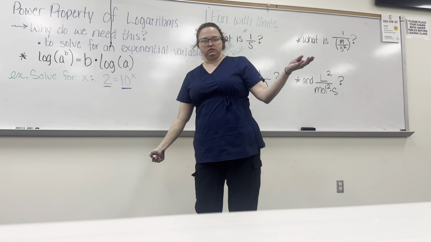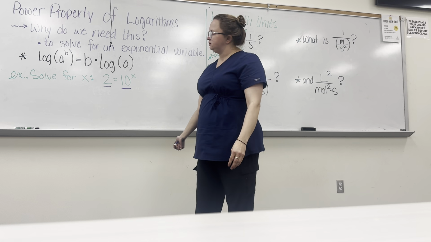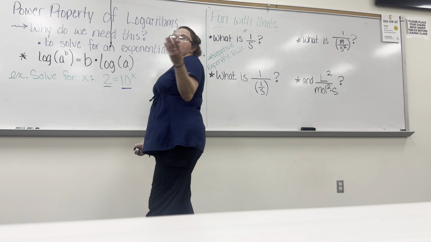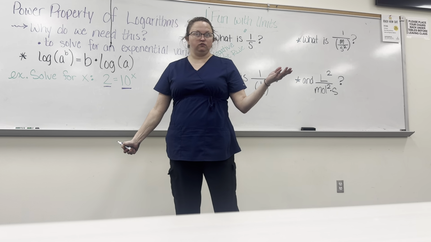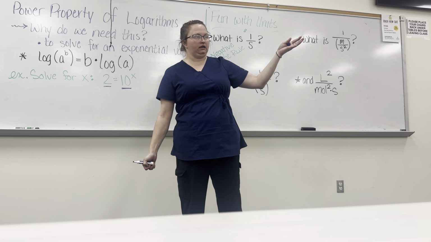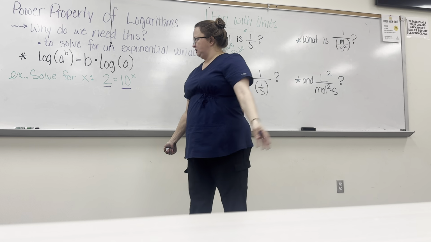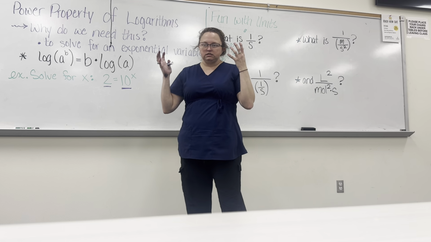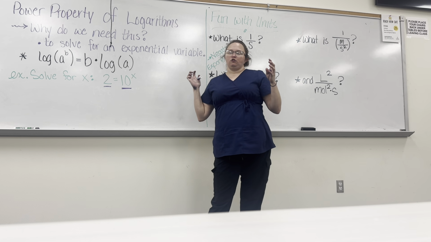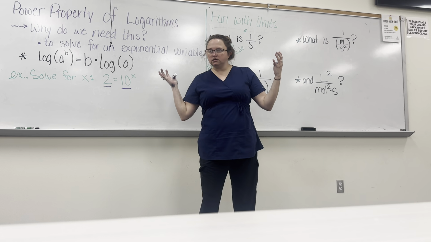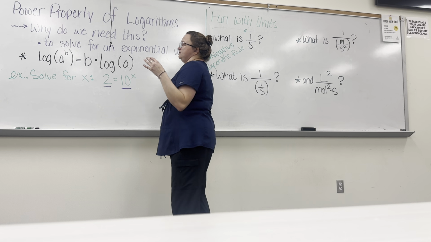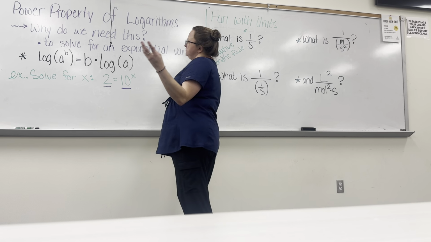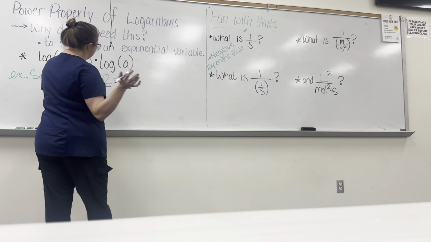A 1 is not just a 1, it's a 1 over 1. And a positive 1 is not just a positive 1. It's a negative 1 times a negative 1 equals a positive 1. There's lots of things that are inherent, or they expect it to be inherent. They expect you to just know it. And a lot of people just don't know it.